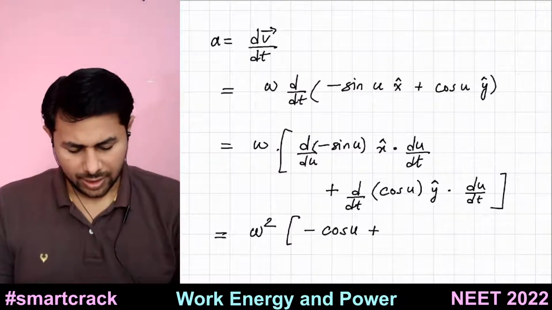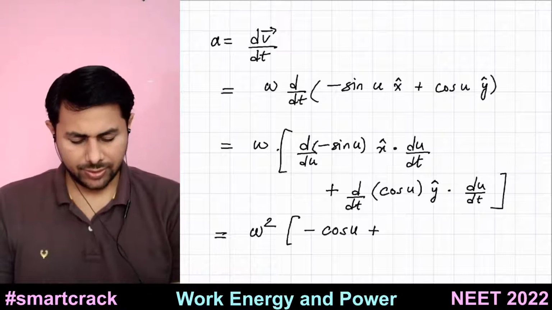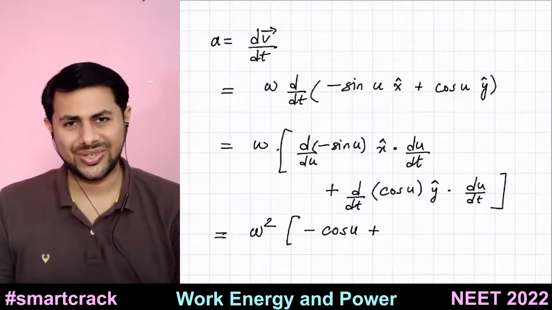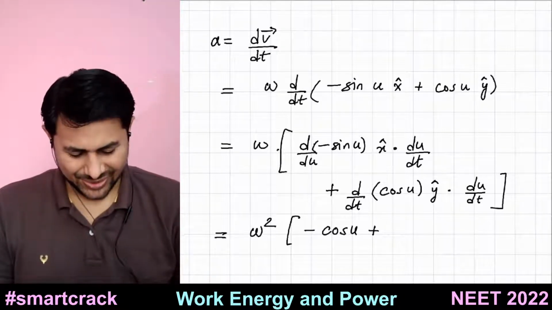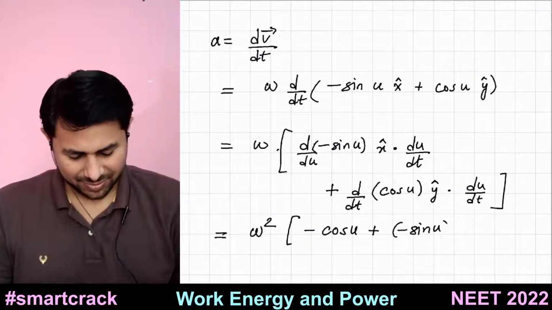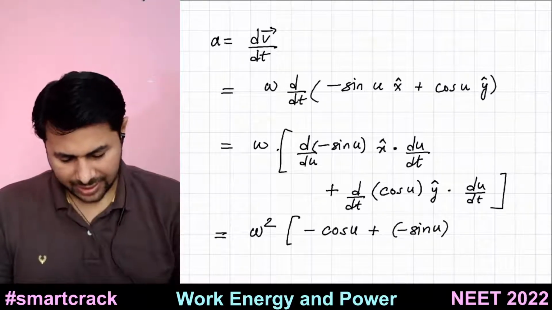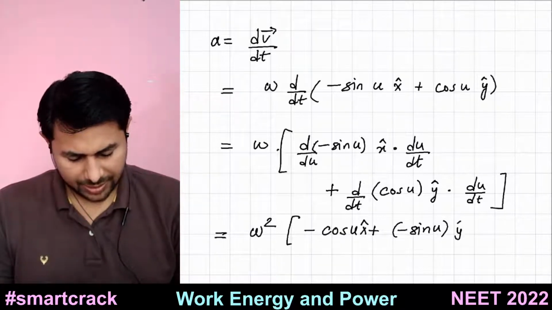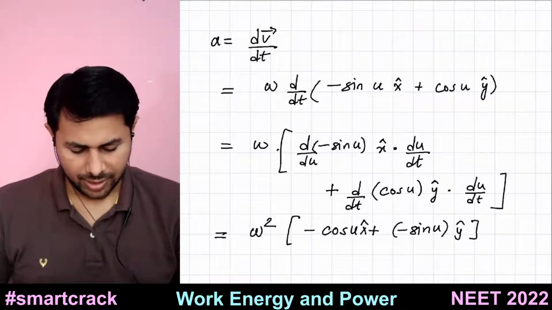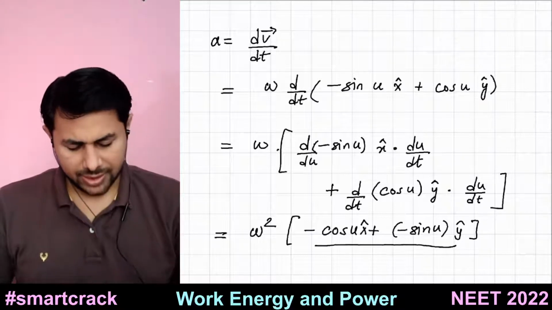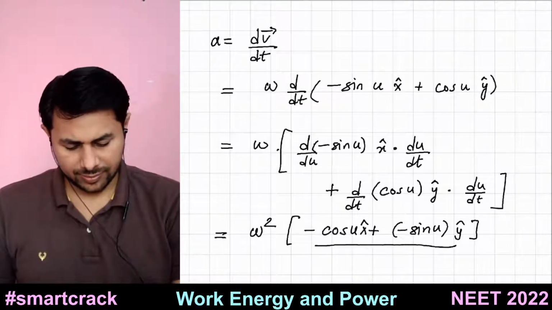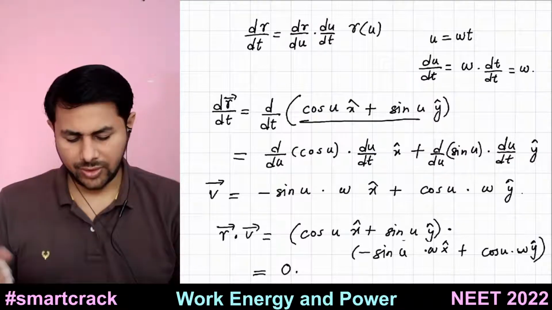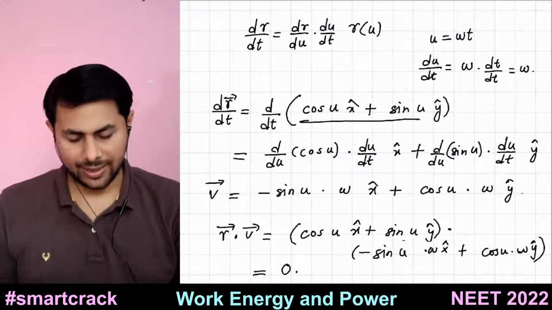Plus, what is the derivative of cos u? It is minus sine u. So minus sine u, and we had x cap in multiplication of the first term and y cap in multiplication of the second term. So if you look at this, this is cos u into x cap plus sin u into y cap.